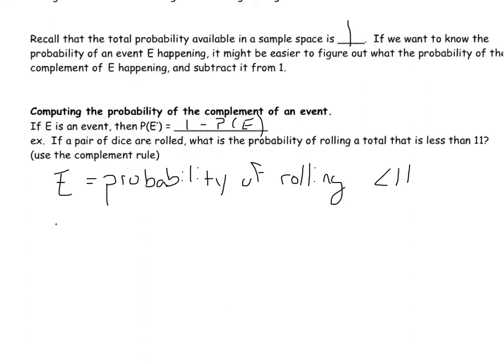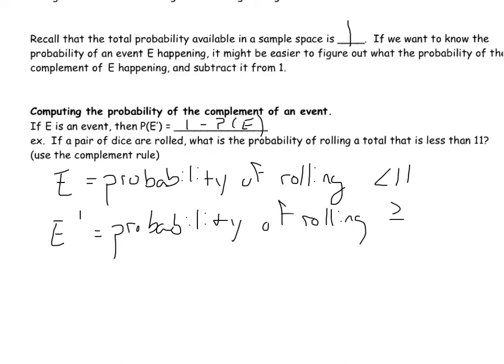And then E complement would be the opposite. So the opposite of rolling less than 11 would be the probability of rolling greater than or equal to 11, because that would be less numbers to count.